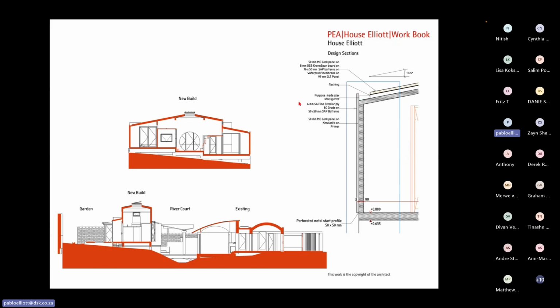So it is a very simple construction, and I hardly did any details, I must admit, because the glulam beams you can see here support a 165 millimeter thick cross-laminated floor slab made of SA pine, and the cross-lamination is what strengthens it.